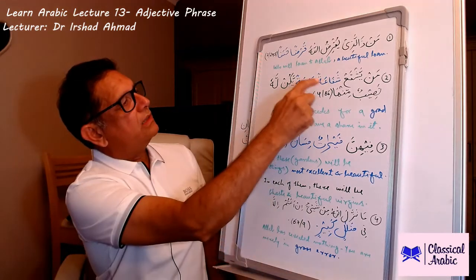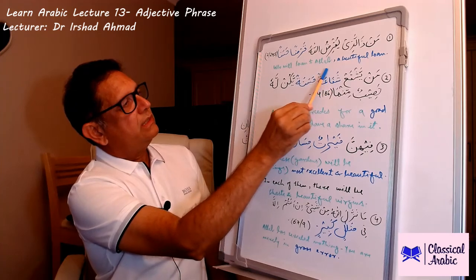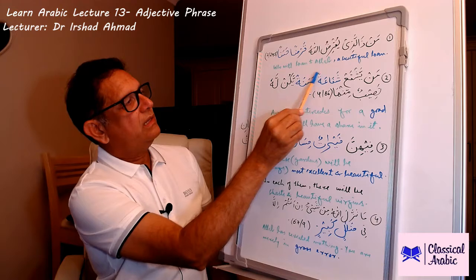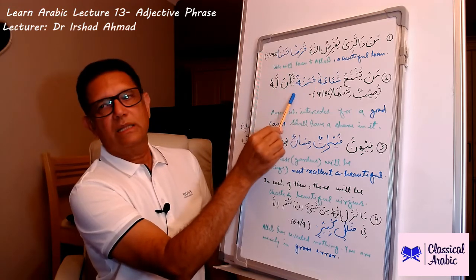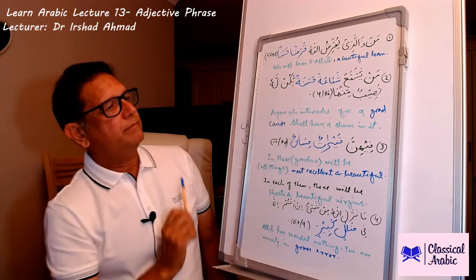So shafa'atan hasanatan, but the main point is if mawsuf is in nasb, sifa will have to be in nasb as well. So we cannot say shafa'atan hasanatun or hasanatin. If it's shafa'atan, it will have to be hasanatan.